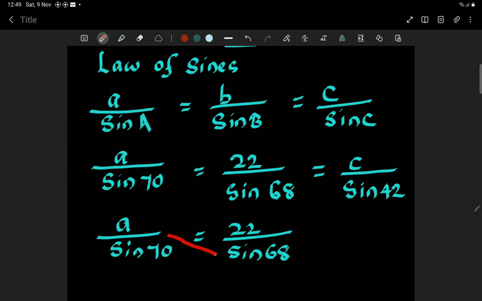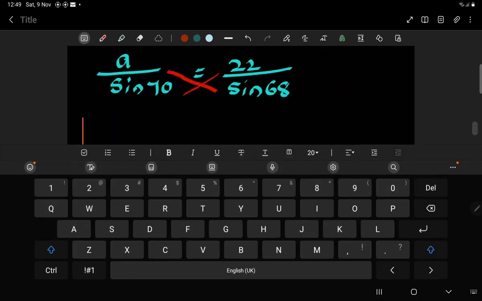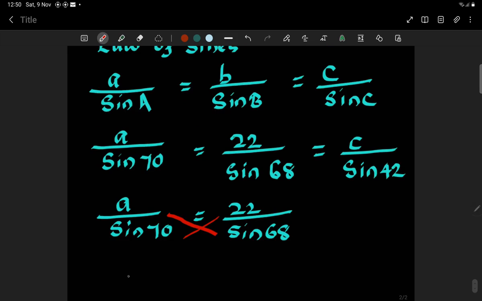Cross multiplication. So a is equal to 22 multiplied by sine 70 divided by sine 68. Like this we will get it.